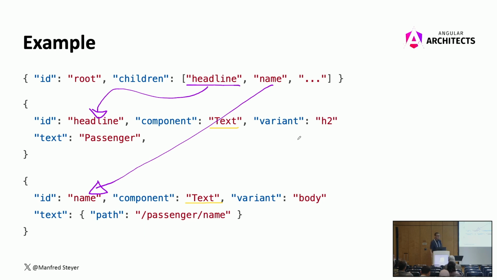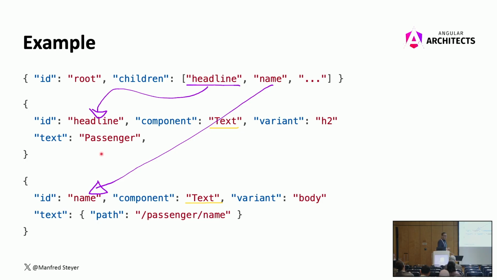The text component is actually displaying text in different shapes. There is a way to tell the component to display a title, first-order title, second-order title, or just a body. But one thing that is more interesting here than displaying text is where the text comes from.